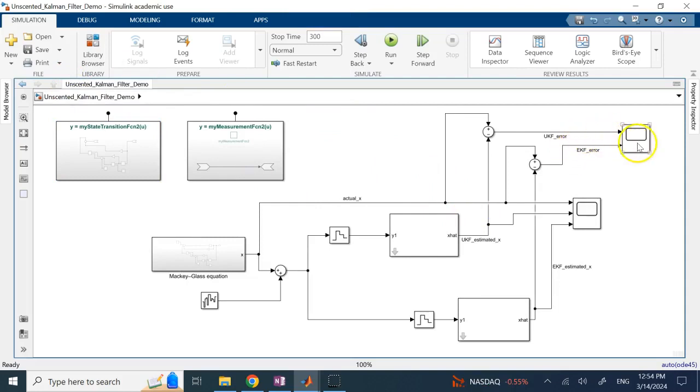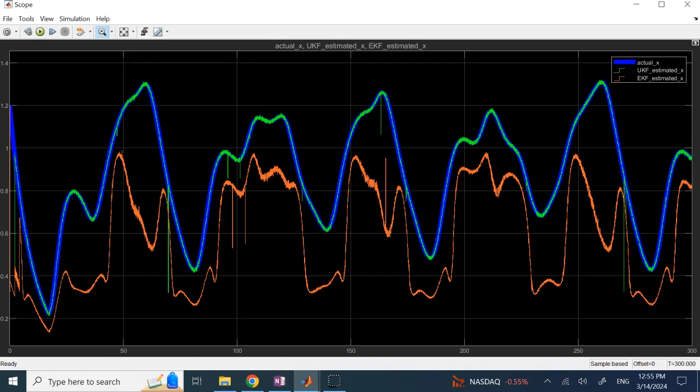So here I pass my actual x as well as the UKF estimate of x and EKF estimate of x to here. And here I also show their errors by subtracting actual x from these estimates. If I go ahead and run it, which I did here, you have to run it for quite a bit of time, definitely way more than 17 seconds, which is your delay. So here I ran it for 300 seconds, and you can see the results here.